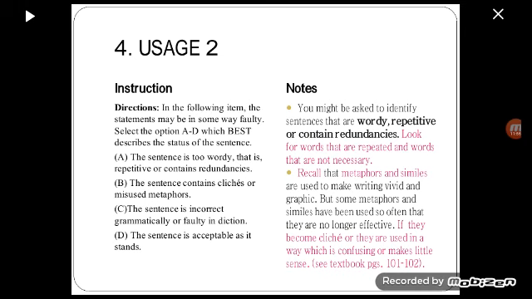In order to attack this particular concept, you might be asked to identify how wordy or repetitive the information is, bearing in mind that wordy, repetitive, or redundancy has to do with words that are repeated, and these words are also not necessary. And when we talk about metaphors and similes, it means that we have to be acquainted with those concepts.